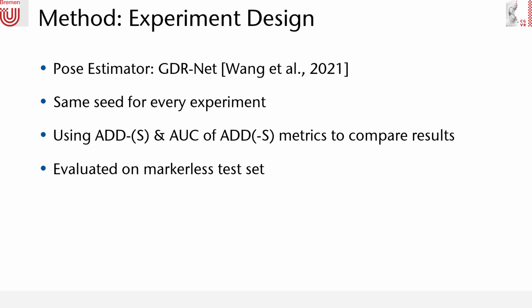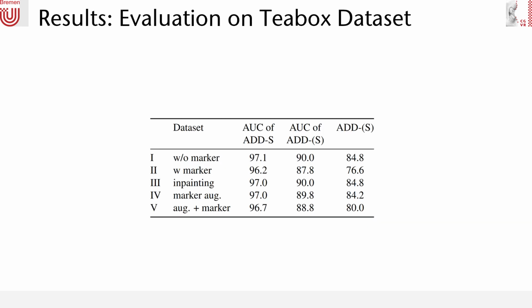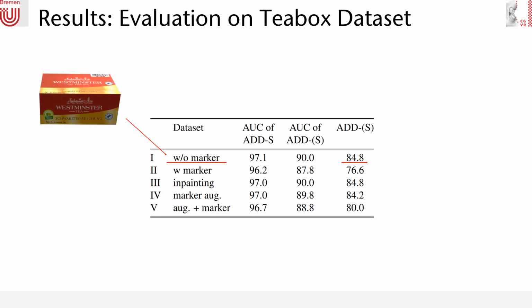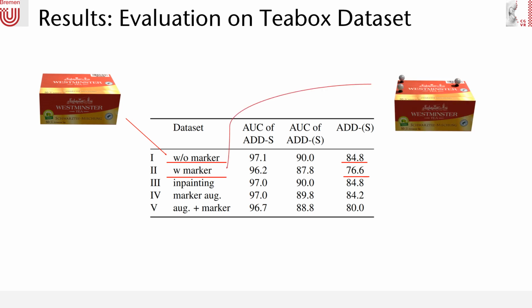Here are the results for our T-box dataset. Let's take a look at the ADD-S metric. We can see that for a training dataset without markers, the ADD-S metric is around 85%. For a T-box dataset with markers, this reduces by 8 percentage points to 76%.